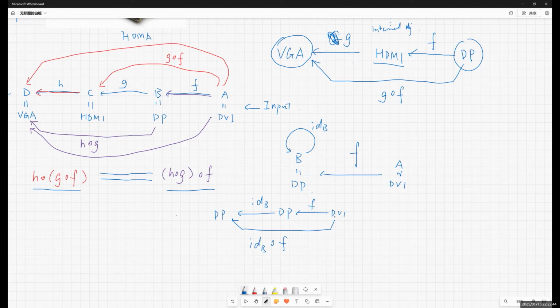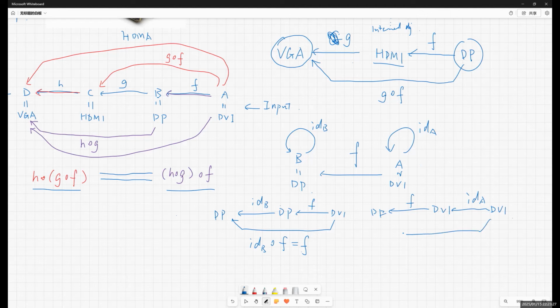And since we have talked that idB maps the input signal to the same output signal, the input is the same, the output is the same as the input. So it's the same as f, right? And here, idA, if we expand it, it becomes f, DP, DVI and idA DVI.